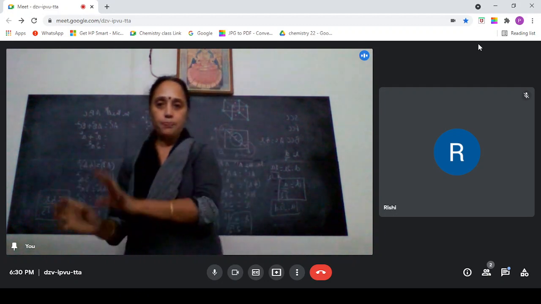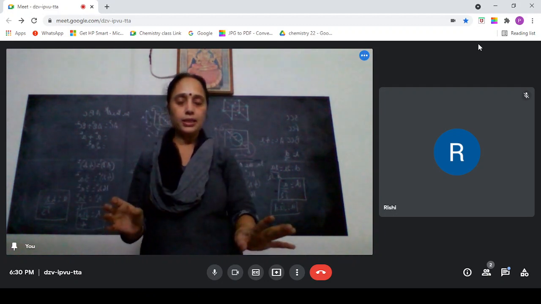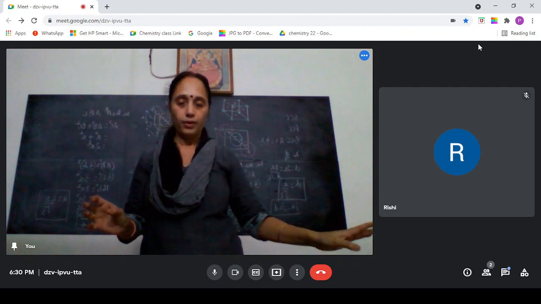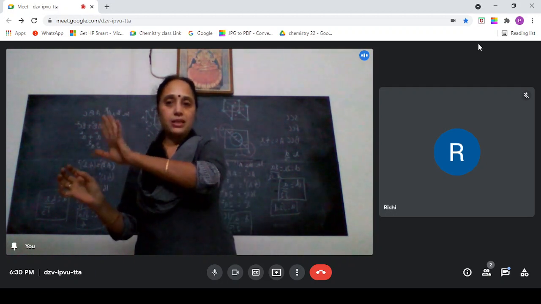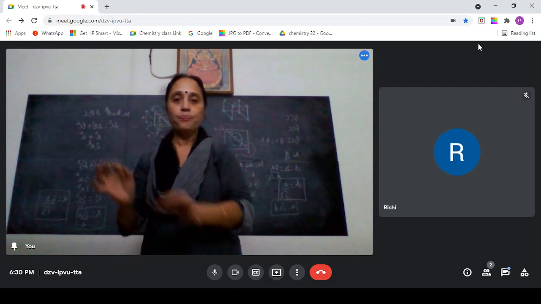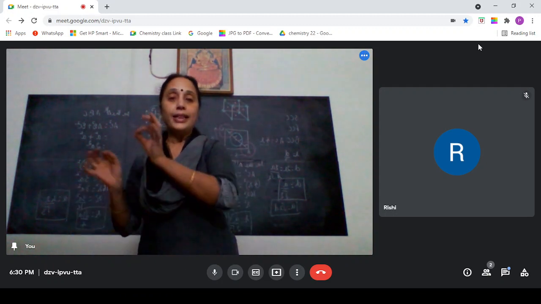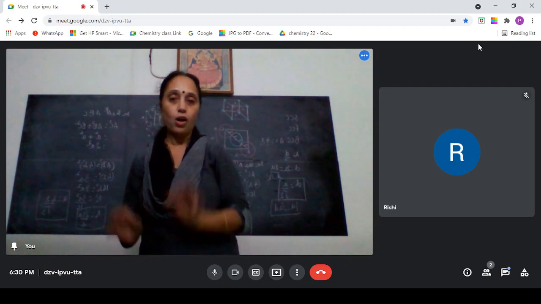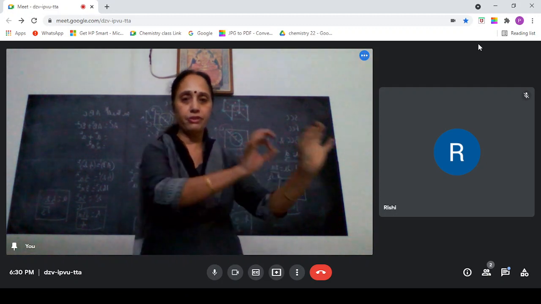Coordination number: simple cube 6, body centered 8, face centered 12. First write the lattice points, that is very important, the number of particles. Then the coordination number. Then the relationship between D, A and R. All three: simple cube, body centered, face centered.